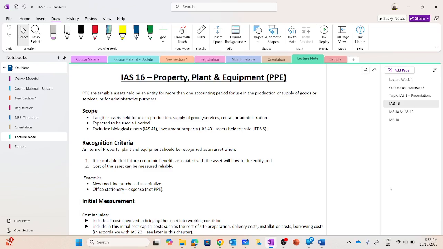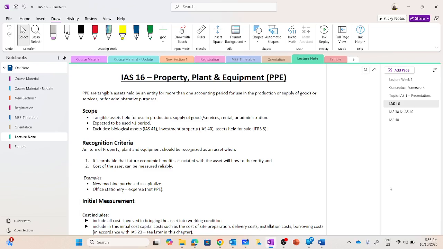When we look at these accounting standards, we are not going to look in line with IAS 16. We are going to follow what IAS 41, IAS 40, and IFRS 5 state about the treatment of investment property, of assets held for sale and discontinued operation, and a biological asset.